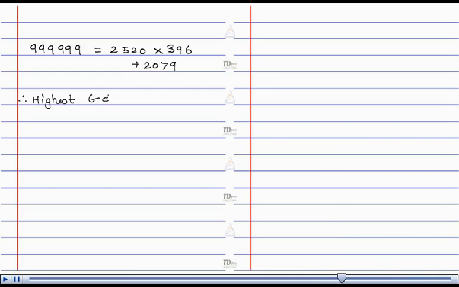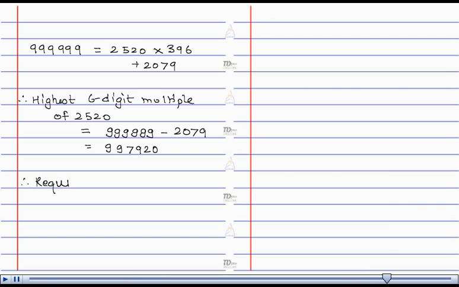highest 6-digit multiple of 2520 is equal to 999999 minus 2079, which is equal to 997920, and therefore the required greatest 6-digit number is equal to 997920 minus 2, which in turn gives 997918.